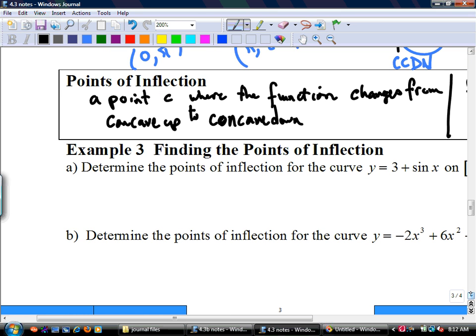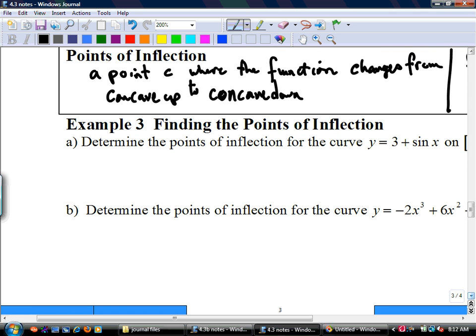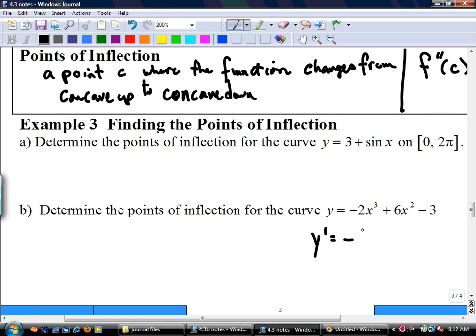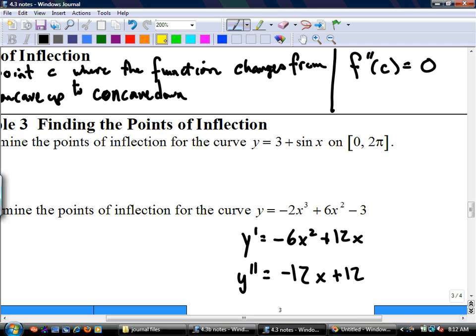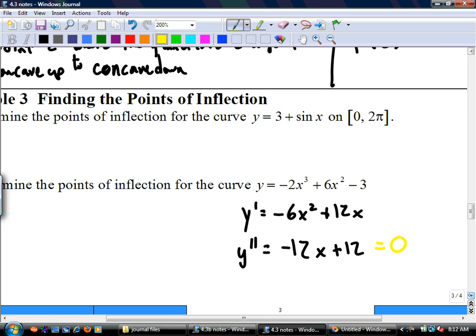Okay, we're going to do B because A is dumb. Find the points of inflection. So y prime equals negative 6x squared plus 12x. What's y double prime? Make that equal 0. So what does x equal?